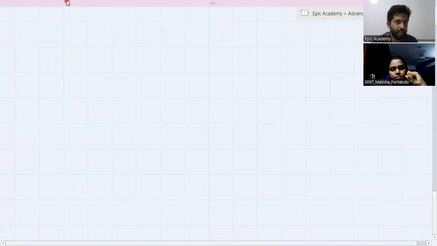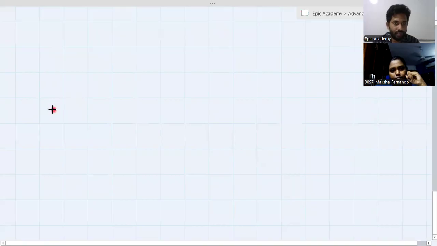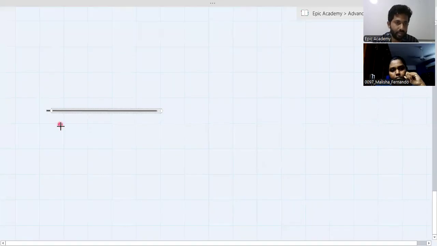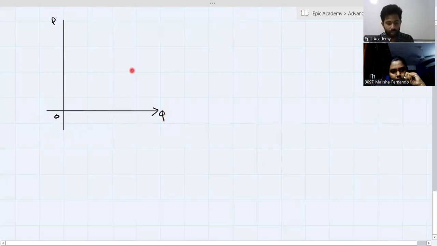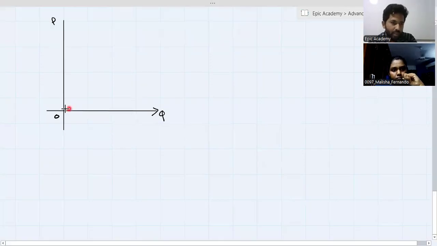Okay, just identify the first option. This is the Q axis and this is the P axis, I mean the price axis. And here this is P and this is Q. So just consider we already identified a normal supply curve.